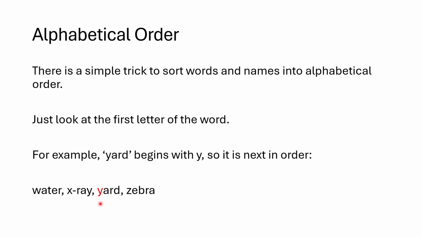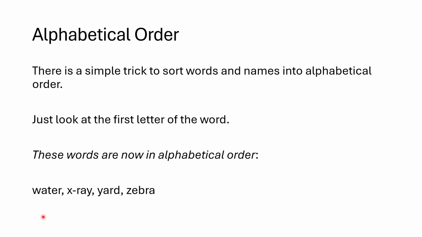Yard begins with Y, so it is next in order. Zebra begins with Z, so it is next in order. Water, X-ray, yard, zebra: W, X, Y, Z. These words are now in alphabetical order.